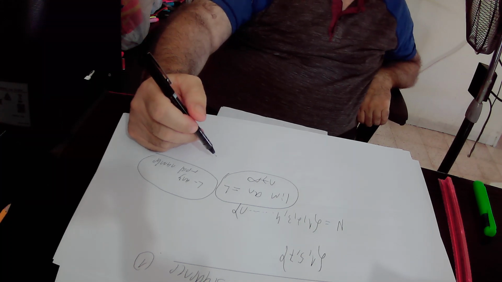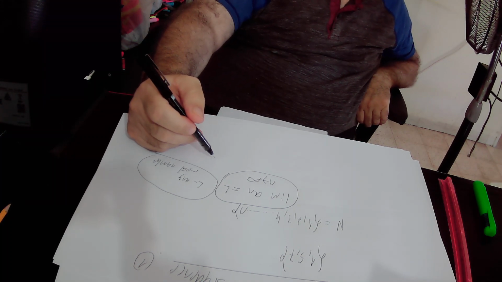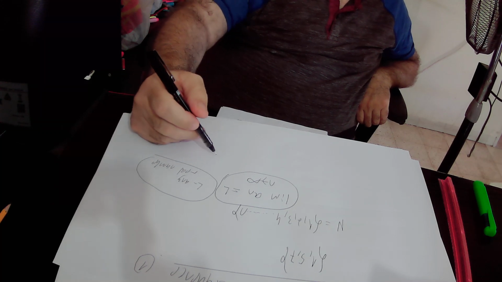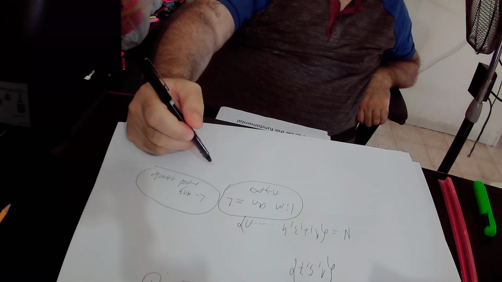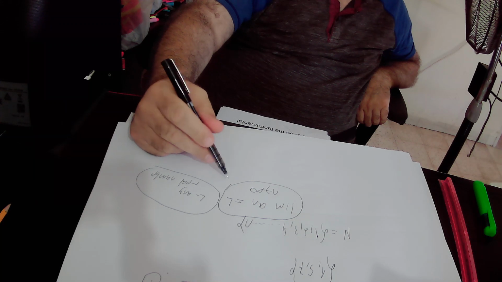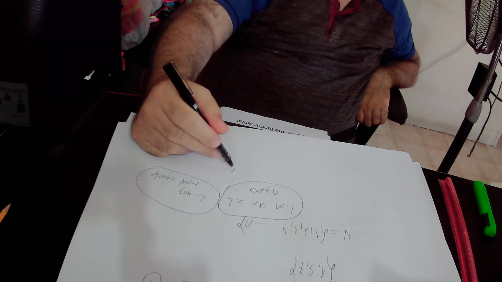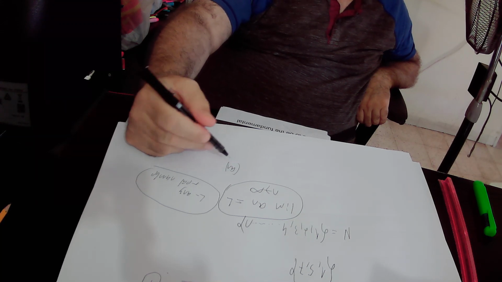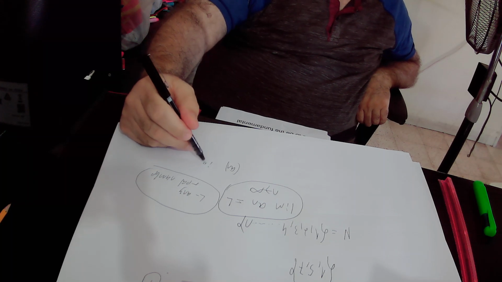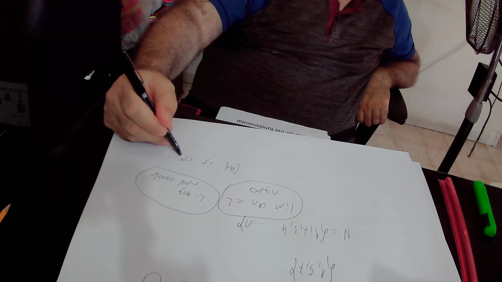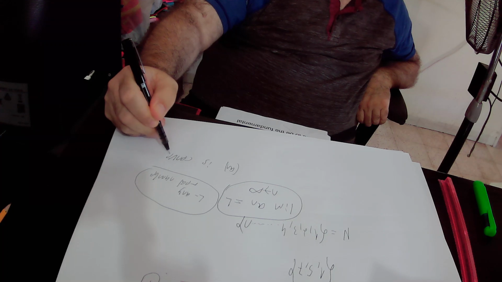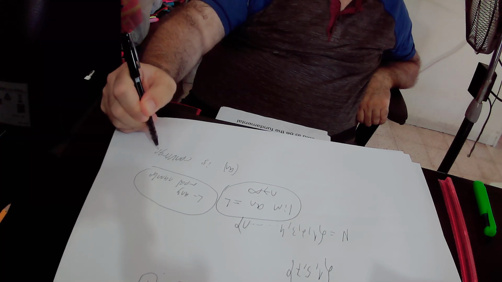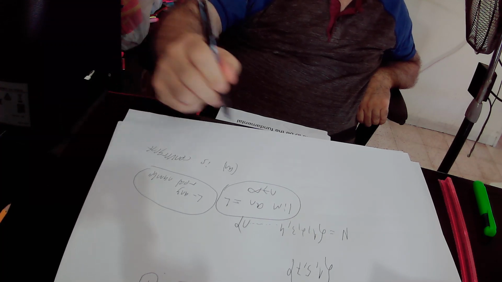Any sequence that has a limit is defined as convergent. So this sequence an is convergent because it has a limit.